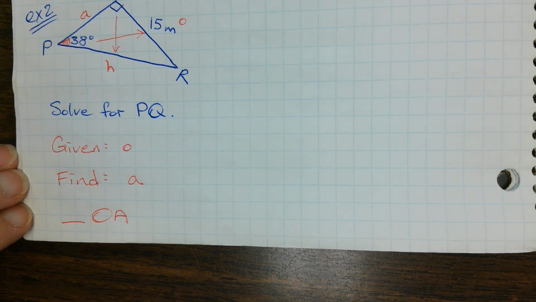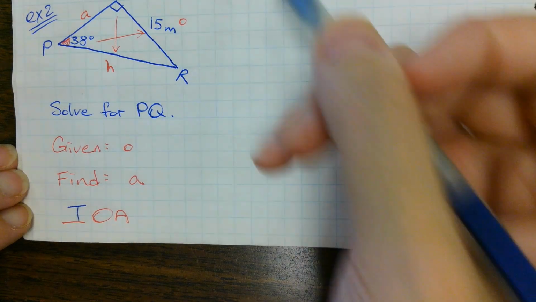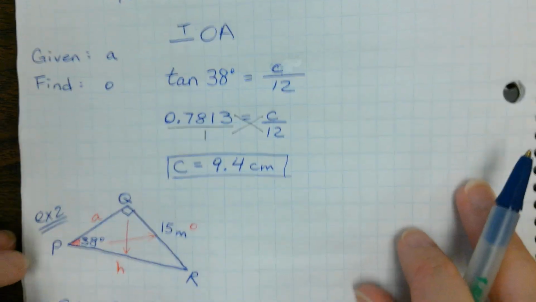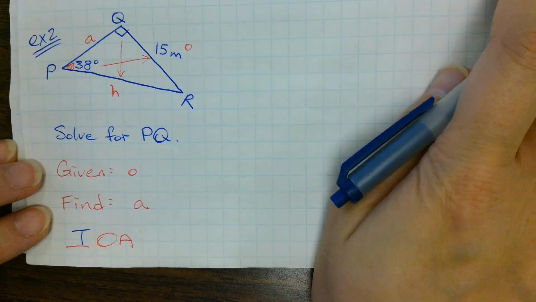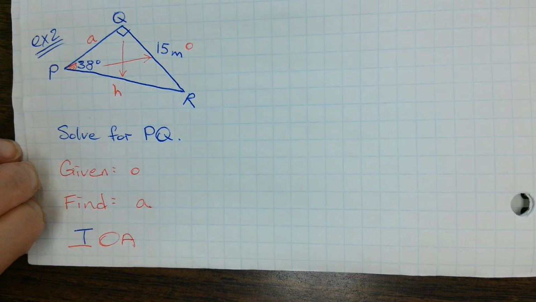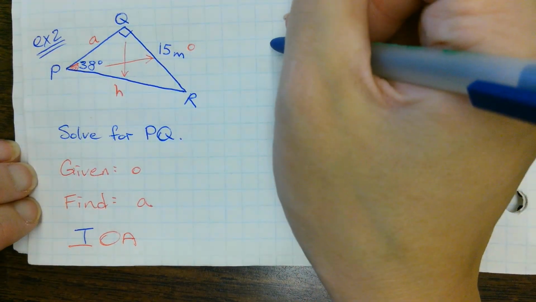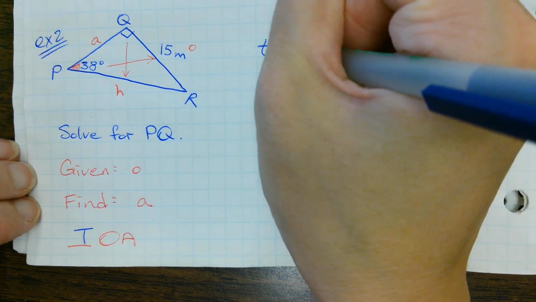Tangent. TOA. Okay, and so that's how I know. Oh, did I choose the... Oh man, I meant to do a different one. I didn't know I already did tangent here, but you get the idea. I wanted to do one tangent and one something else, but it's okay. So yeah, tangent.